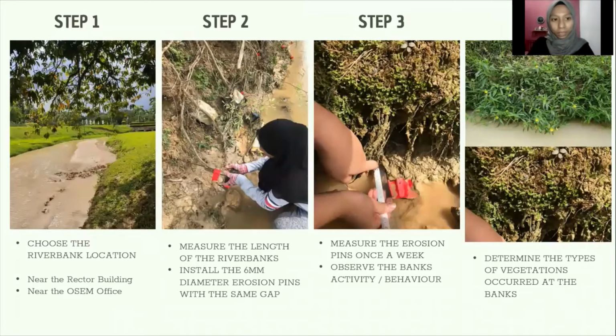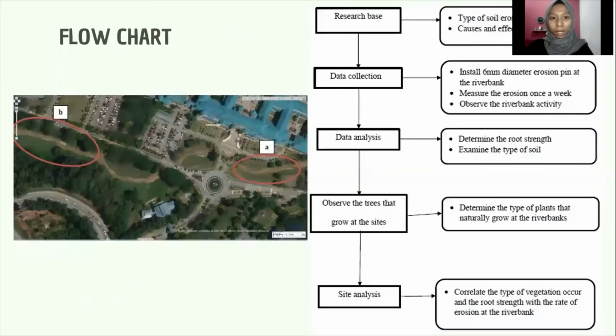As for the data collection, riverbank locations around the IIUM Gombak campus have been chosen. I have chosen two locations for this project, location A and location B. Location A is located near the rector building, and location B is located near the security office at the main gate.